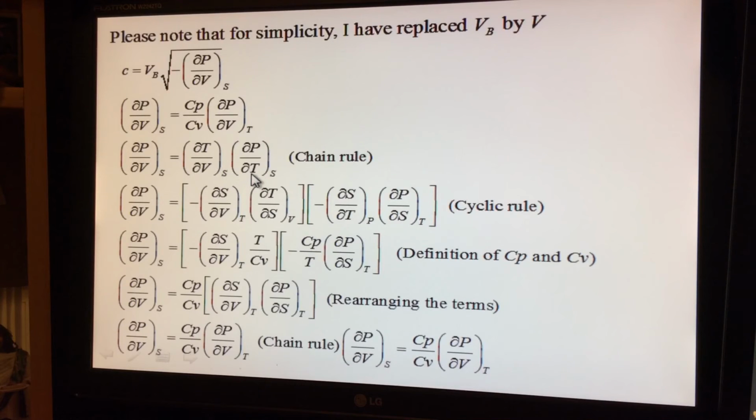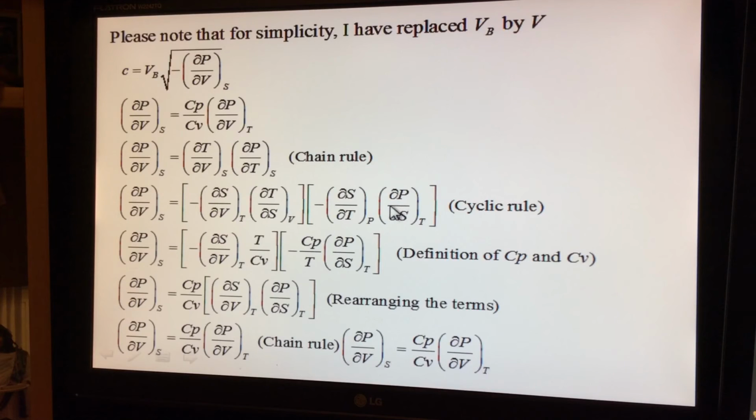The cyclic rule, or the triple product rule, is the one that I discussed with you on Friday during the tutorial. This one will give us the partial of S with respect to volume at constant temperature times the partial of T with respect to entropy at constant volume, and you put a negative sign. That's the rule. Then you do exactly the same for this other one.